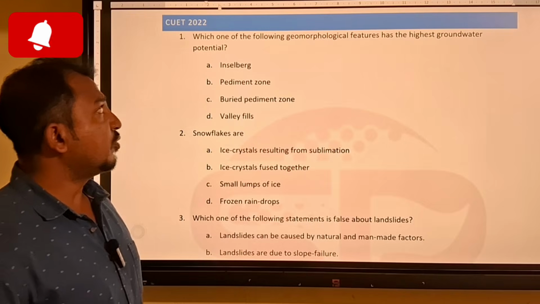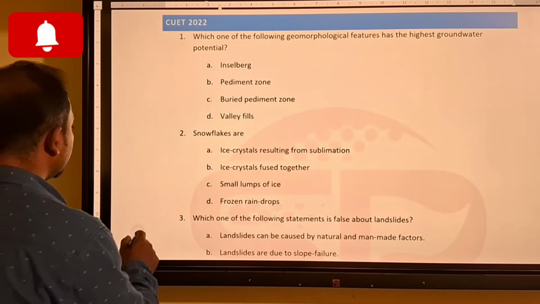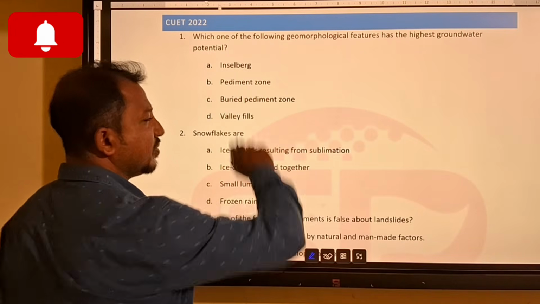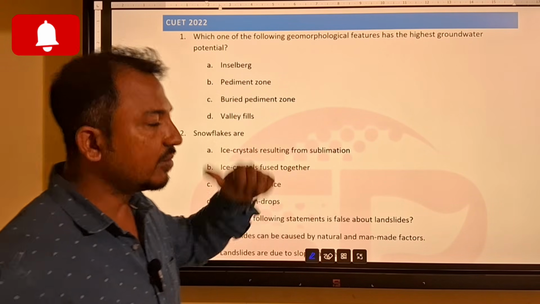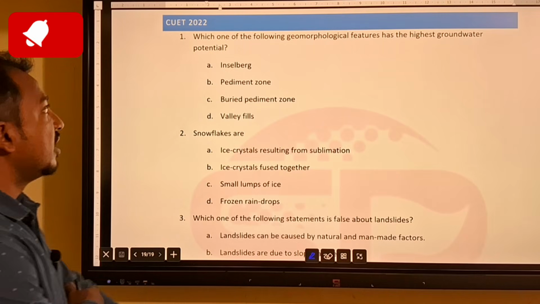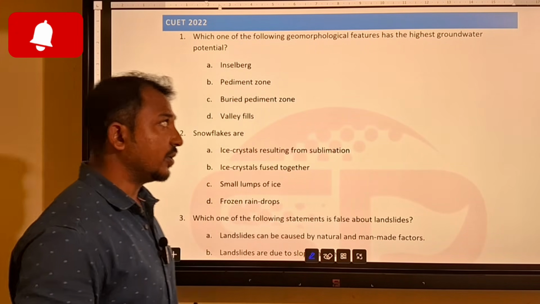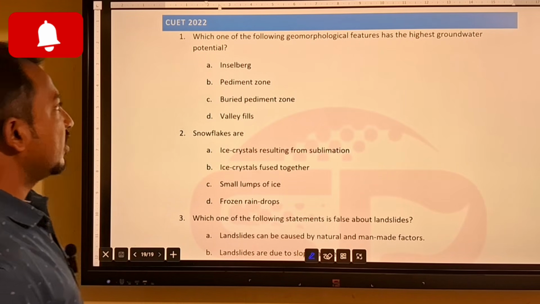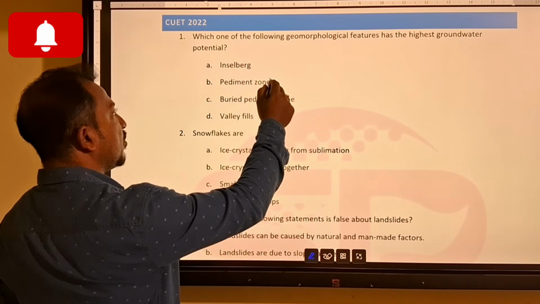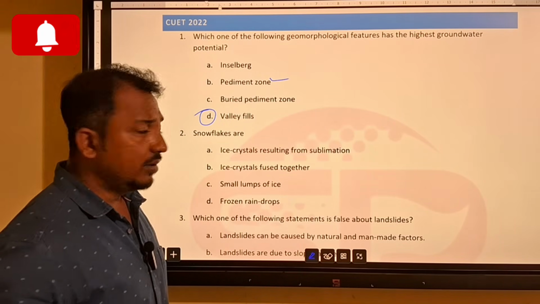Let's come to which one of the following geomorphological features has the highest groundwater potential. First thing, Inselberg, it consists of crystalline rock. This is a residual hill that we have discussed in the previous questions. So Inselberg consists of basically crystalline rock, igneous rock or metamorphic rock. That's why it doesn't have groundwater potential. Piedmont zone has groundwater potential, but it is less than valley fills.